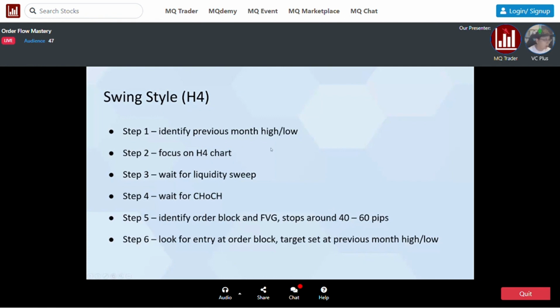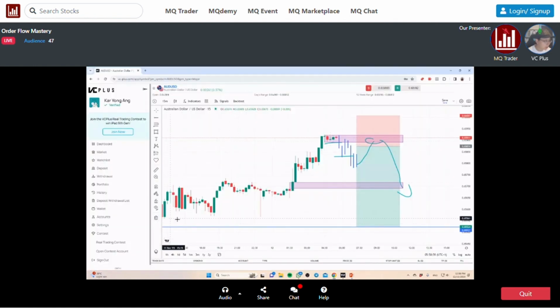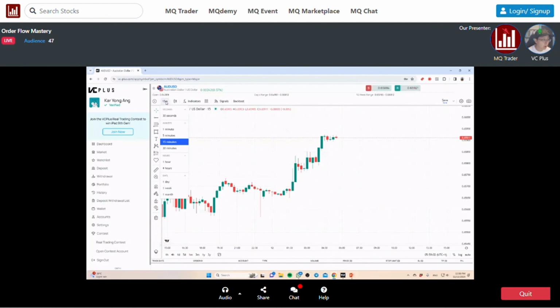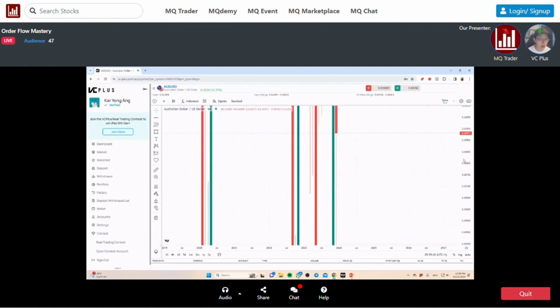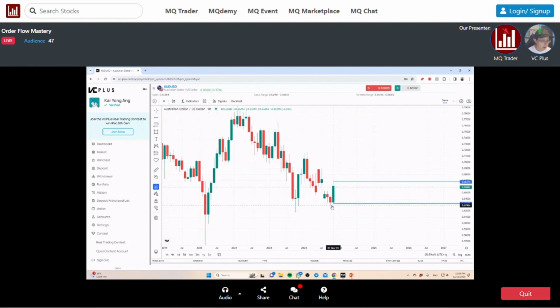Now, let me jump back to Aussie dollar to very quickly show you the 4-hour time frame. We do have something as well. So not only on the 15-minute today we may have a very short-term trade, Aussie dollar may have a swing trade opportunity as well. If you take a look at the monthly here, we have the previous month high and low.